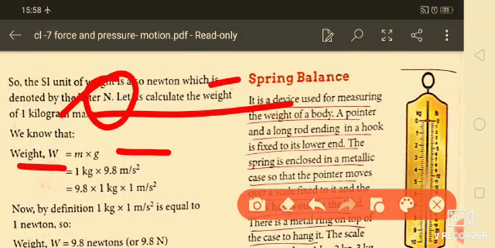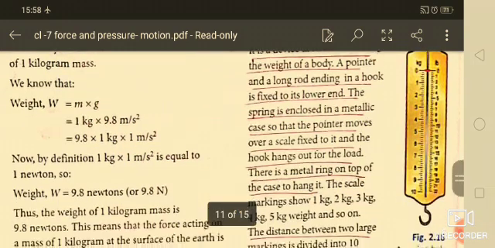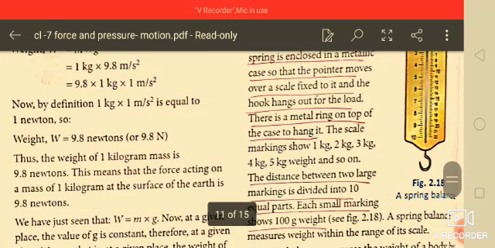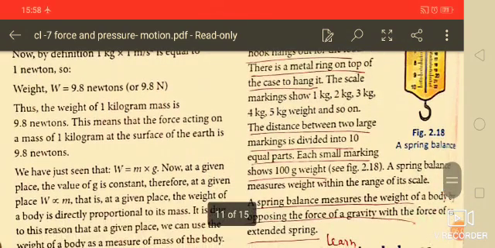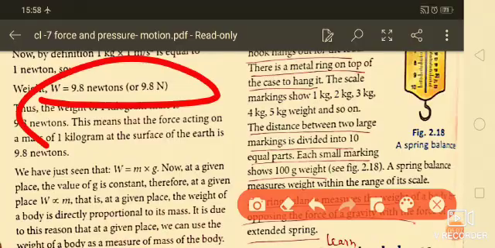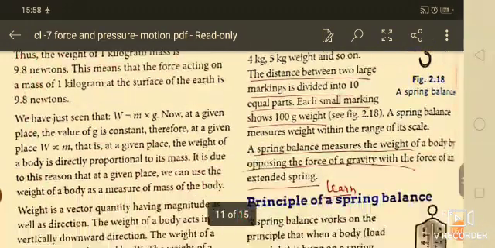The weight is equal to m into g, with m as 1 kilogram and the value of g as 9.8 meter per second squared. So weight is 9.8 into 1 kg into 1 meter per second squared. By definition, 1 kilogram into 1 meter per second squared is a Newton. So this is equal to 9.8 Newton.